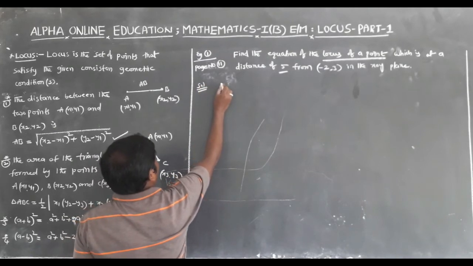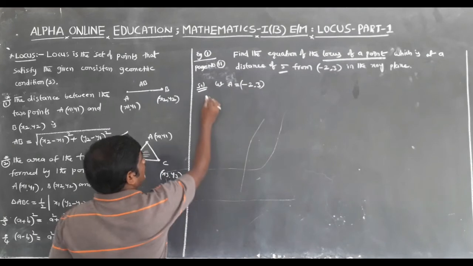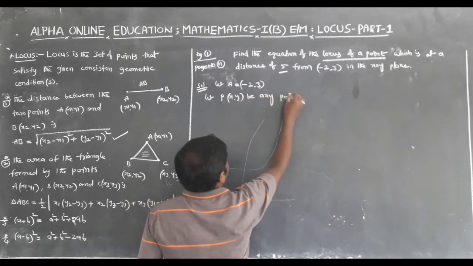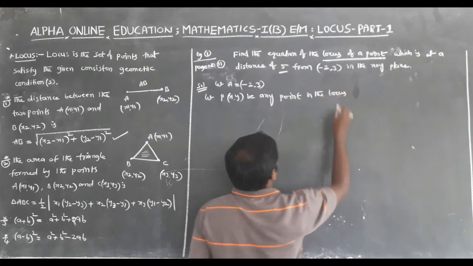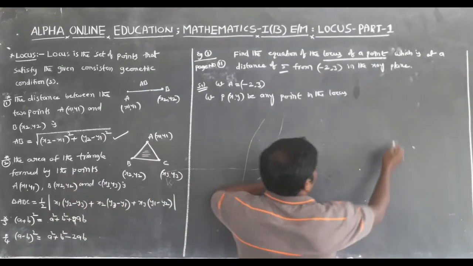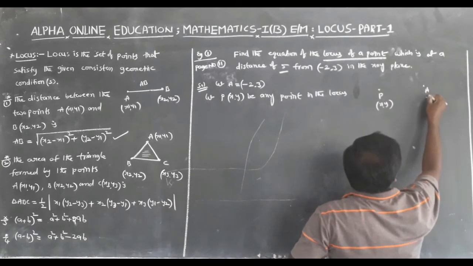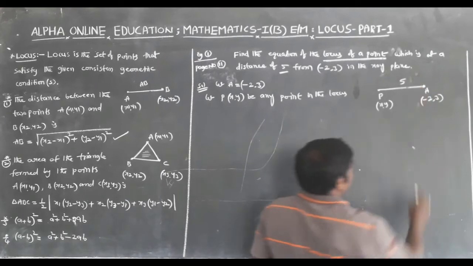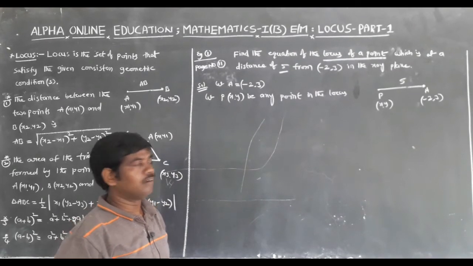Solution. Here the given point is A = (-2, 3). Let P(x, y) be any point on the locus.